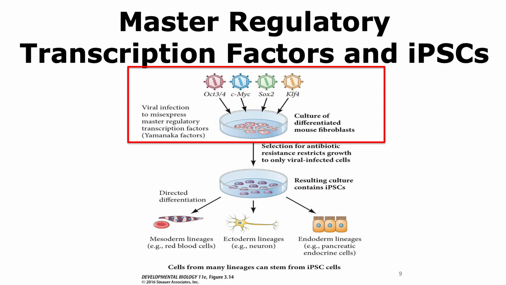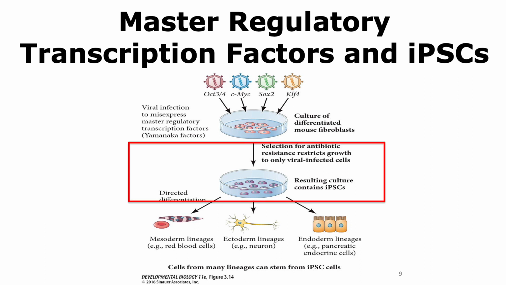After introducing these 4 transcription factors to the differentiated mouse fibroblasts, what they found was that the resulting cells actually changed their differentiation process and became undifferentiated cells, basically stem cells.